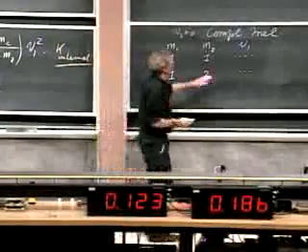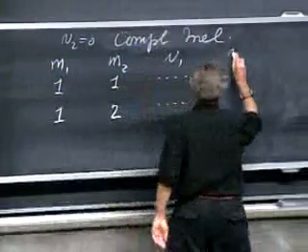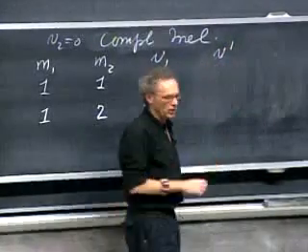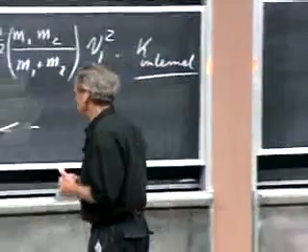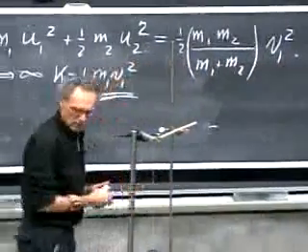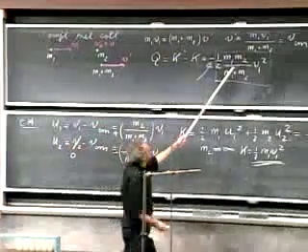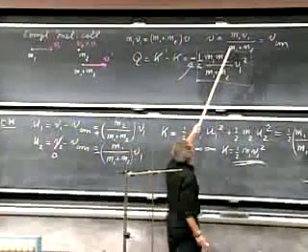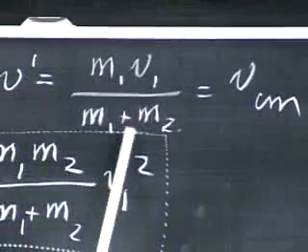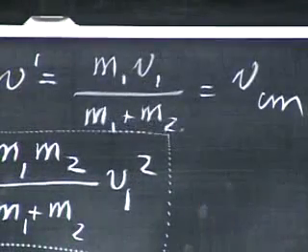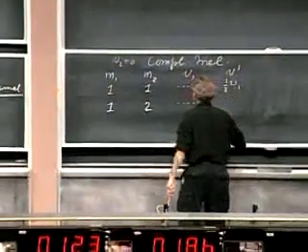I get a certain velocity which I put into the first car. It hits the second car and it gets stuck. And I see there what my V prime is. I see there on the blackboard that if the two masses are the same, I have a 1 here, a 1 and a 1 here, if that's the ratio. So the outcome is that V prime must be 1/2 V1.